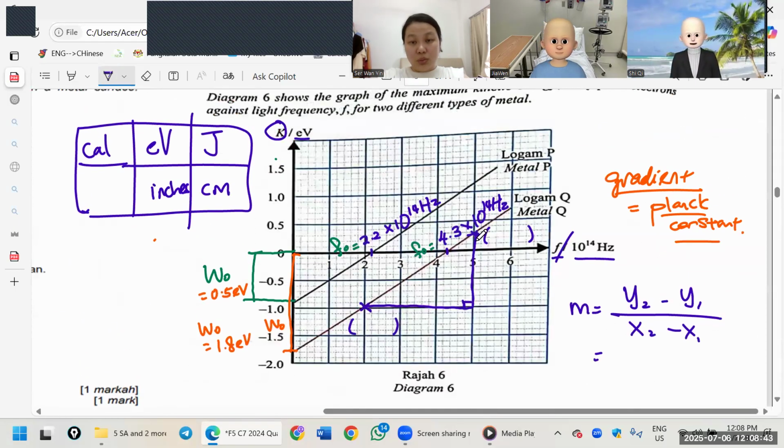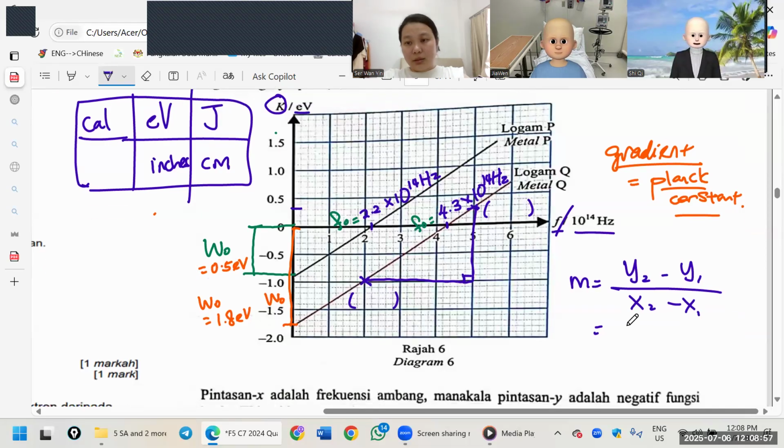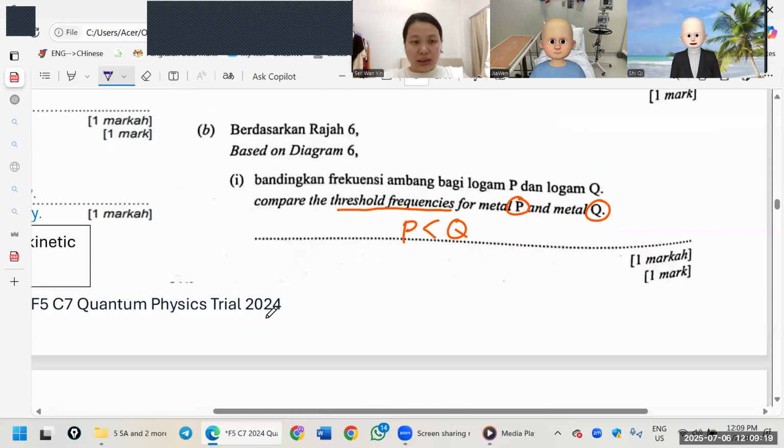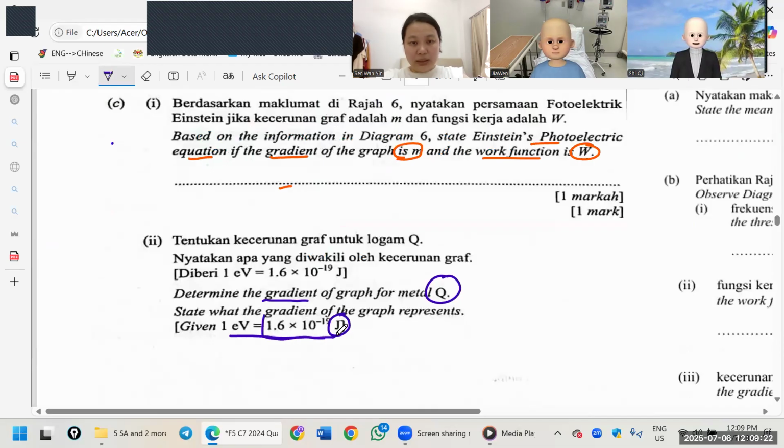So y2, let's say y2 is here, is 0.3. So it's 0.3 minus negative 1.0. This is in eV. To change eV to joules, you multiply by this.